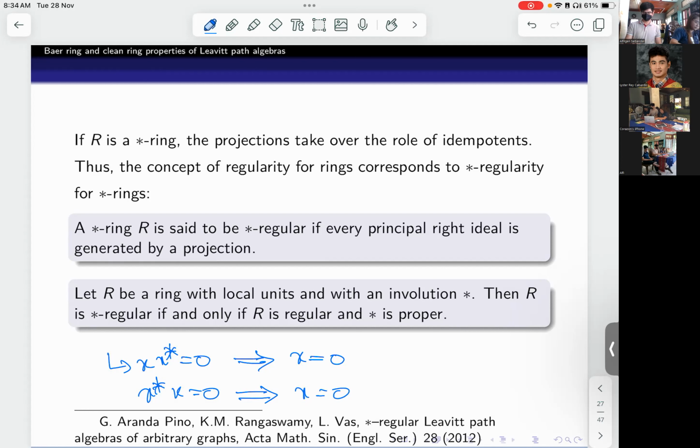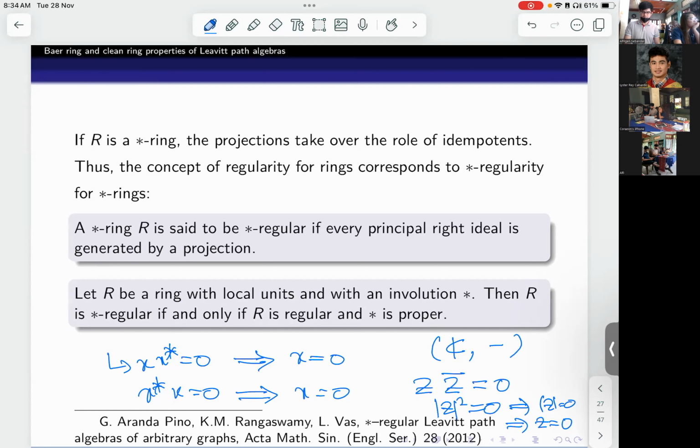For example, consider complex numbers. It has the natural involution of complex conjugation, and if you have a complex number z and multiply by z bar, and let's say it is equal to 0, then you get mod z squared is 0. That would imply mod z is 0. So this involution is proper.